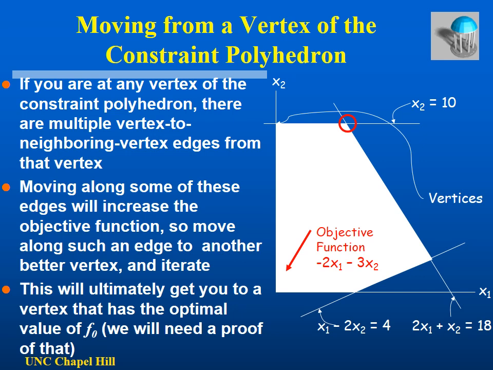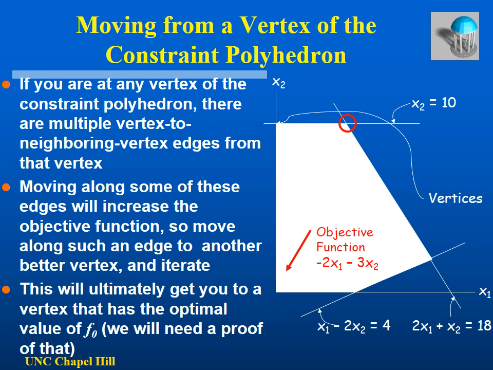The other constraints: the constraint on x1, x1 is greater than 0 there, not equal to 0. Likewise, the constraint corresponding to the diagonal line 2x1 plus x2 equals 18 does not hold as equality, as extreme, but rather 2x1 plus x2 is less than 18.